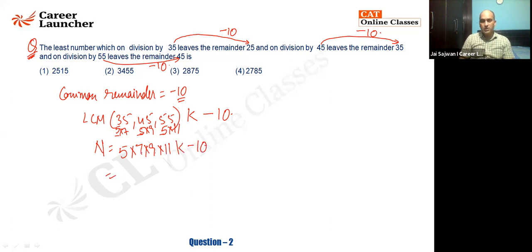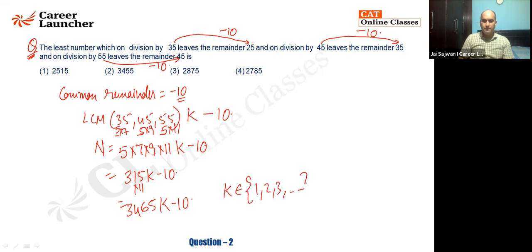Now 9 7s is 63 into 5. That is 315k minus 10. Fine. 9 7s is 63 into 5, into 11 is also coming. 11 5s are 55, 11 1s are 11, plus 5 is 16, 11 1s are 11, 3s are 33, plus 1 is 34, so 3465 minus 10. So you know the smallest value of k will come out to be 1, 2, 3.